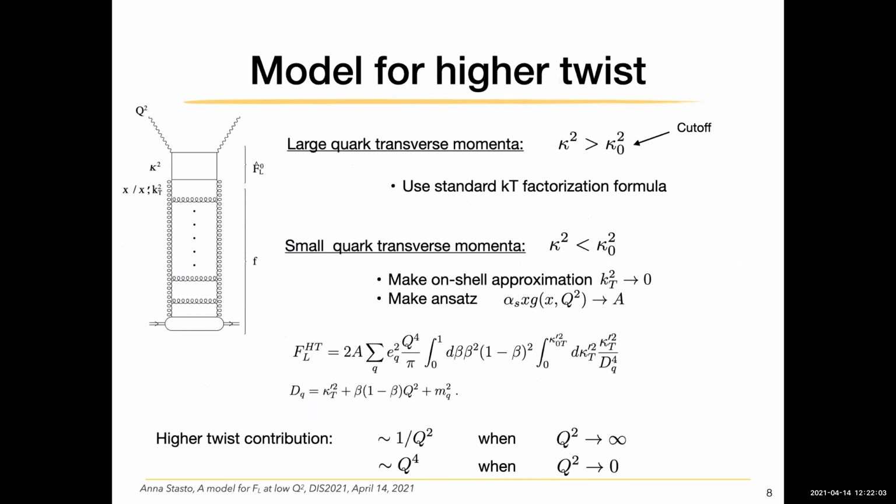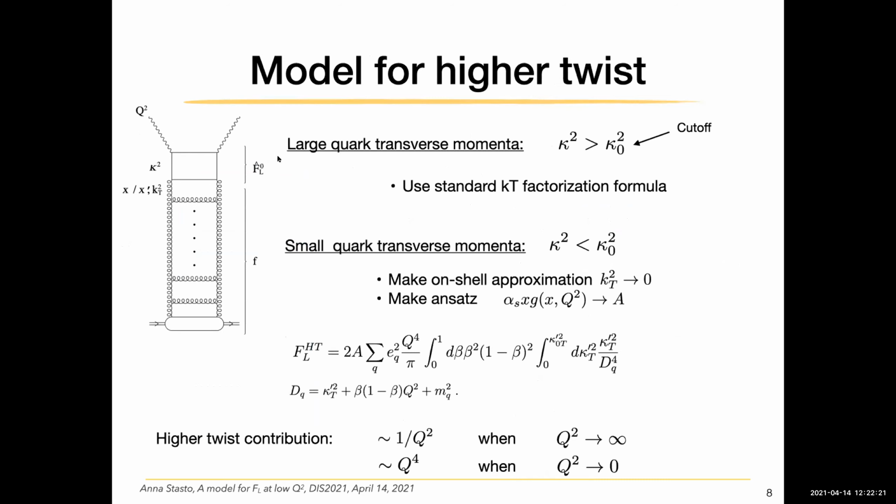Now, the model for the higher twist is very simple. Let's imagine that there are integrals over these quark transverse momenta that extend to small and high values of KT.